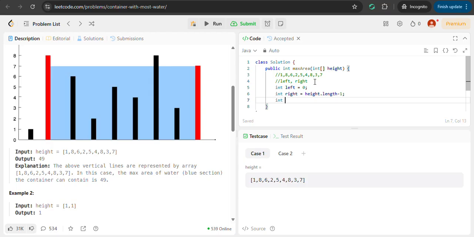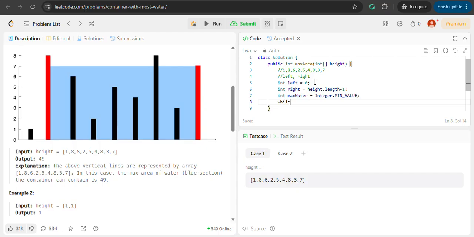We are keeping track of the max water, and we keep moving the left and right pointers until they meet.